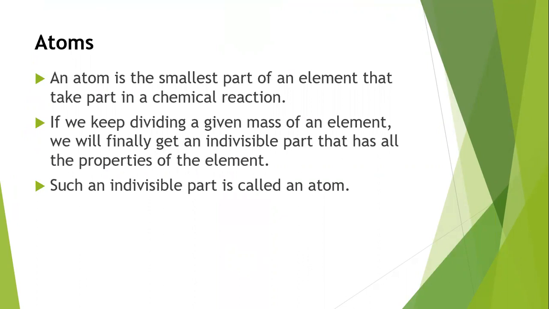So the first thing is the definition of an atom. An atom is the smallest part of an element that takes part in a chemical reaction. If we keep dividing a given mass of an element, we will finally get an individual part that has all the properties of the element.